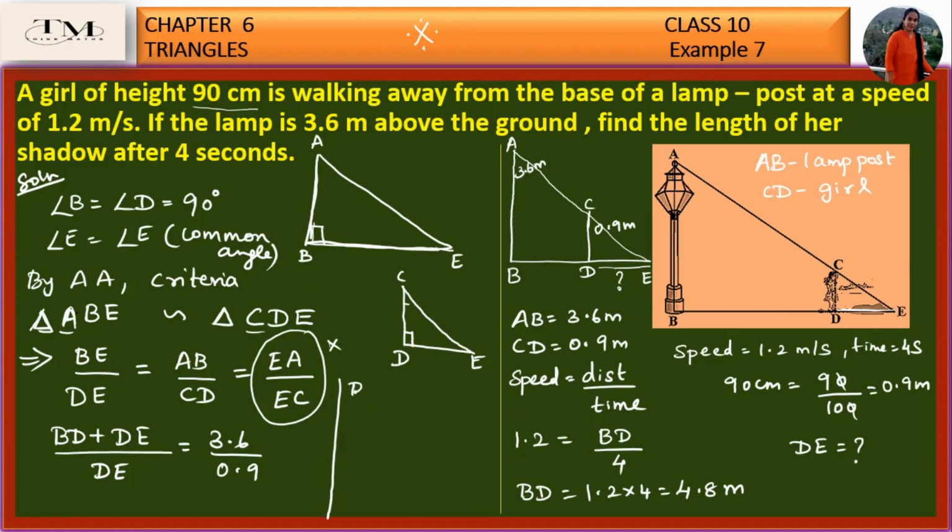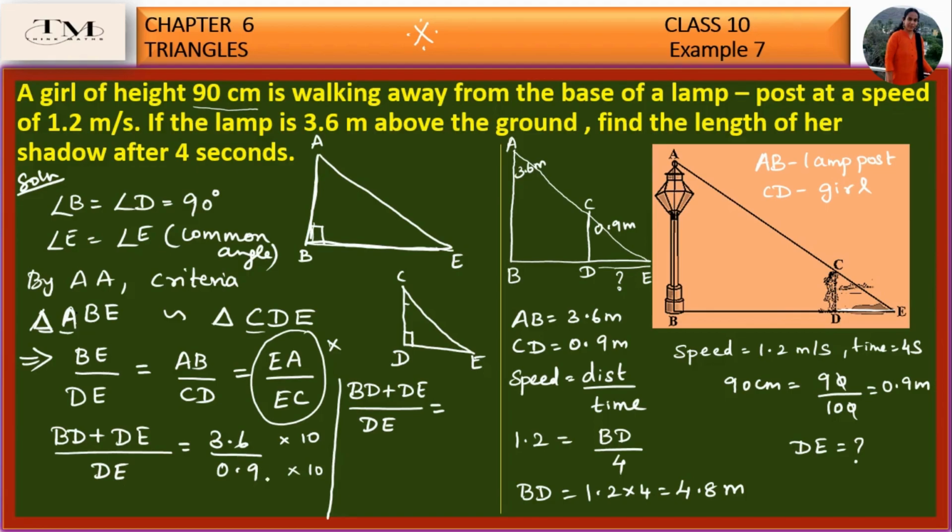So BD plus DE divided by DE is equal to, so you just multiply by 10 up and down. Usually in maths, it is not magic, it is just logic. If the decimal is before one number, we multiply by 10. If the decimal is before two numbers, we multiply by 100.